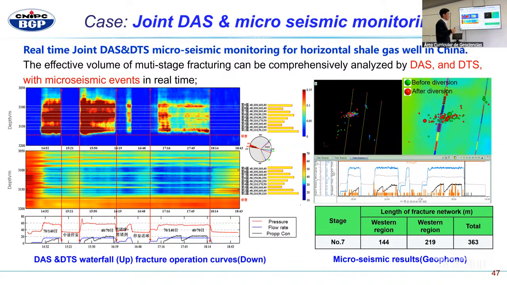So this is down to the safety of the fiber. So comparing the recording between the geophone and the fiber, the total number of microseismic events from the fiber will be less than 10% compared to the geophone. This is widely known now. So we use the geophone to do the microseismic monitoring, but not the DAS.